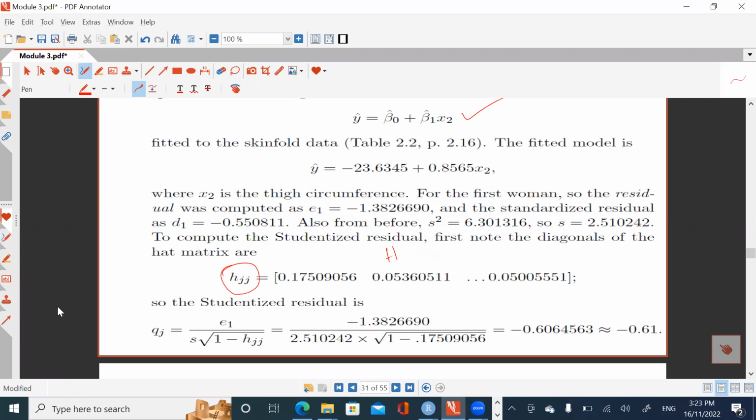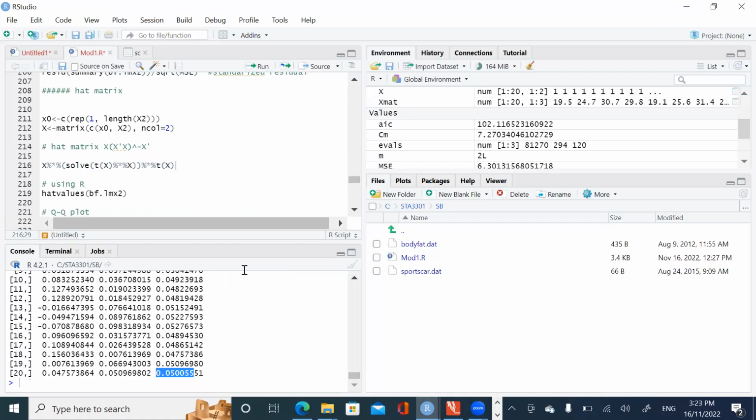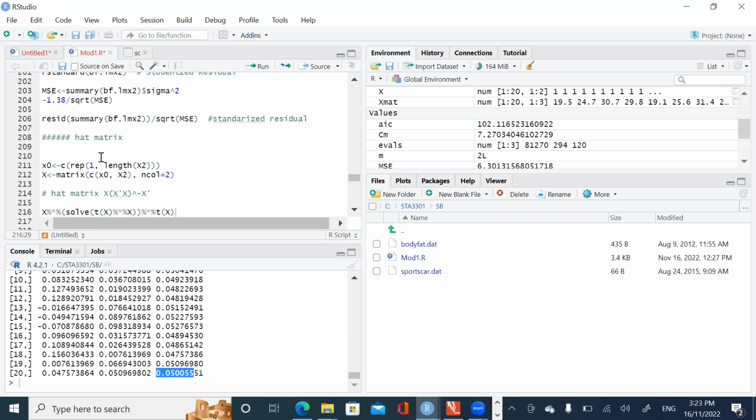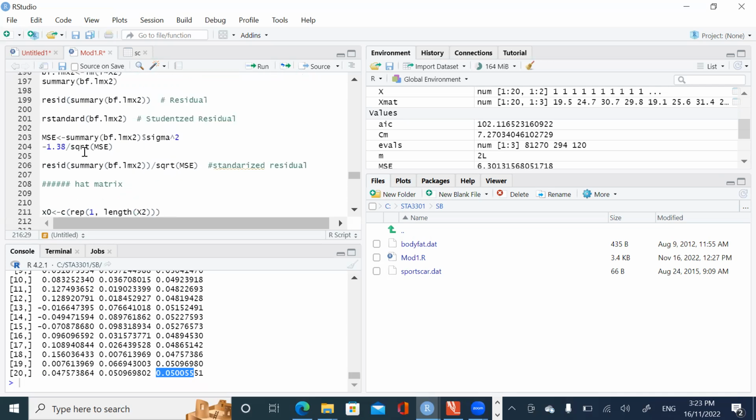Now the standardized residual for the first case. In the first case, this is the standardized residual here, and we can easily calculate S. If I calculate S here, this is the S value, basically from model 2.